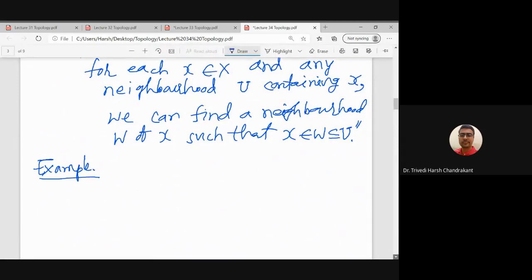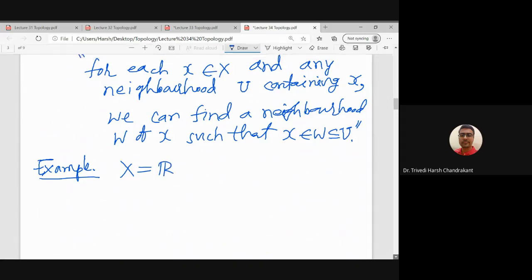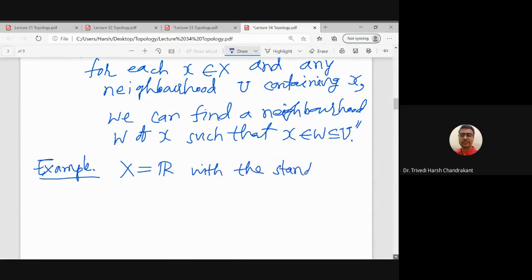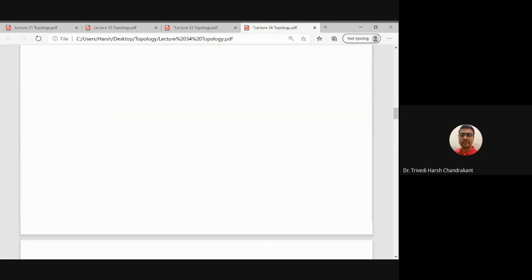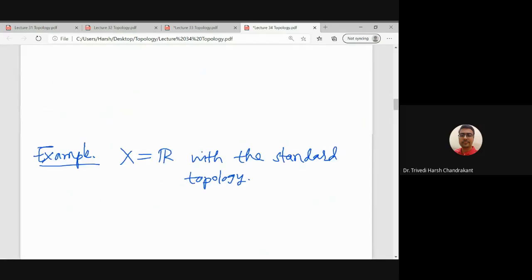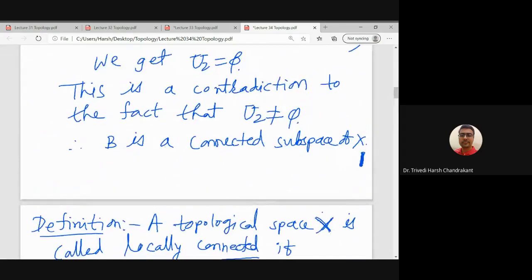So if I take X equal to R with the standard topology, let us see this set.